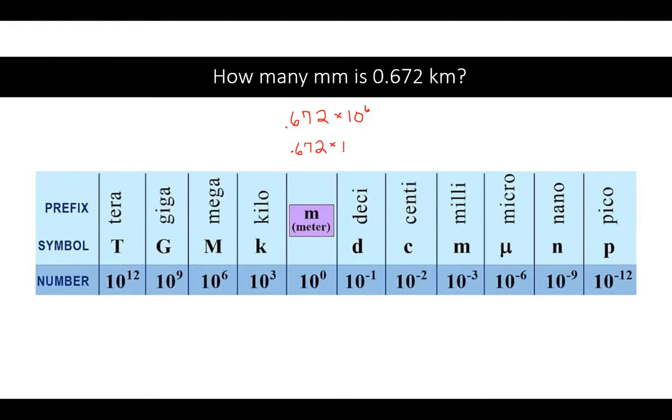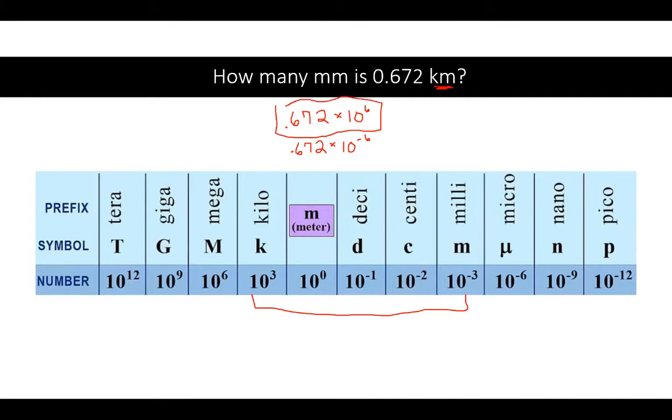And again, this is because there are these 6 magnitudes of 10. That's the difference. So how do we figure out what our answer would be? Well, kilometers is larger than millimeters. So that means that we're going to need more millimeters than kilometers. So this would be our answer.